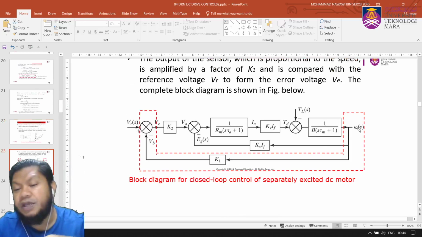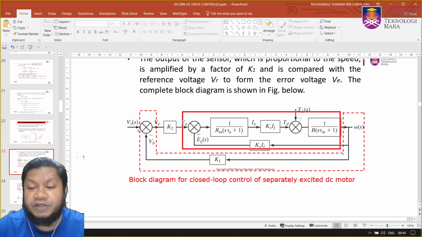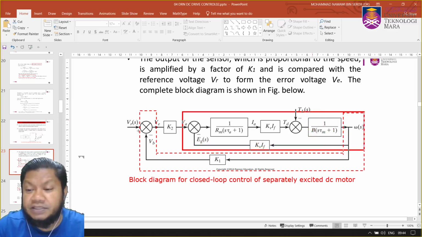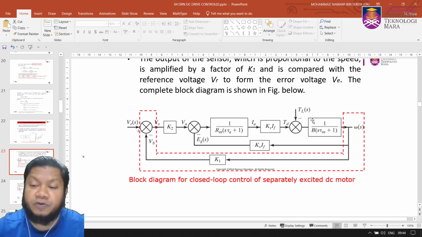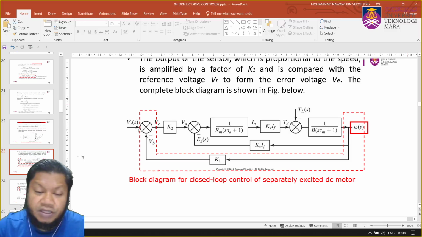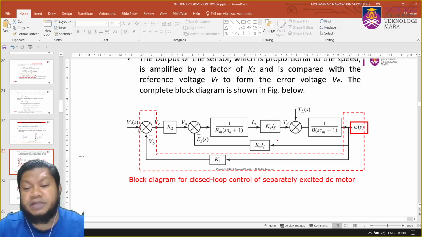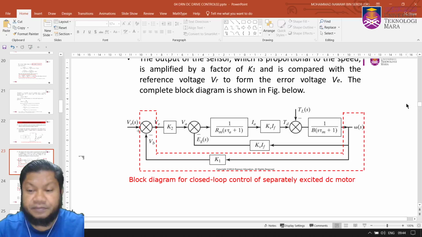Just now it was only the steady state equation of the motor, and this is the required omega. But now, in terms of automatic closed loop control, the speed needs to get back to the system, and that speed now becomes the control to the converter. So that's why we have this statement here.